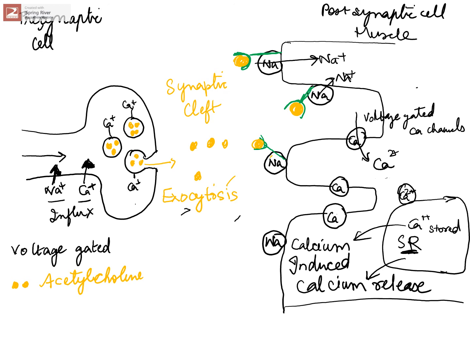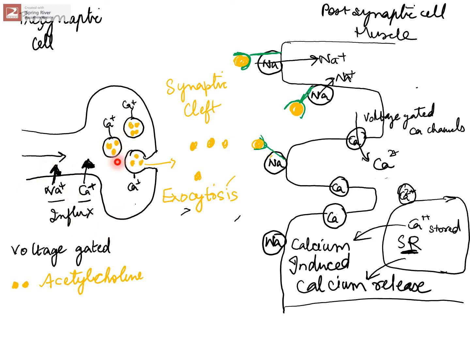So this is how calcium finally gets released into the muscle cell and binds to the troponin, and the muscle contraction begins. Okay. So let's quickly revise what we looked at over here. The first step is arrival of the action potential at the axon terminal. There's an influx of sodium and calcium ions into the axon terminal.